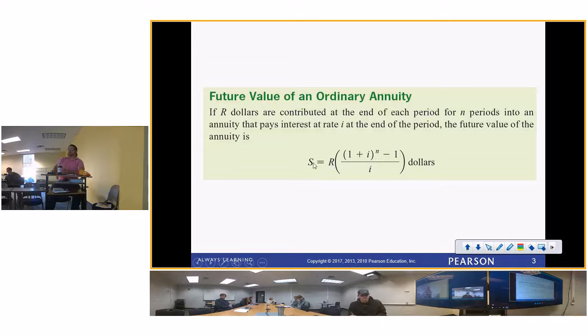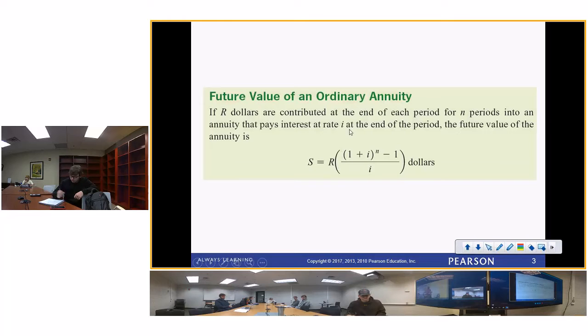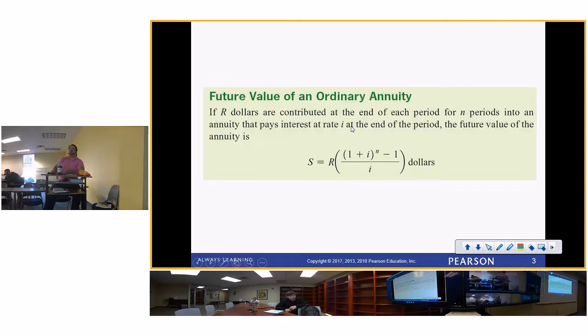S is equal to A. Wait, R is P? Yeah, like the principal. What you're going to put in each month or each year. It says if R dollars are contributed at the end of each period for N periods. Well, let's say I make a monthly payment to my IRA. A monthly payment, that would be R. So let's say I gave $100 a month.